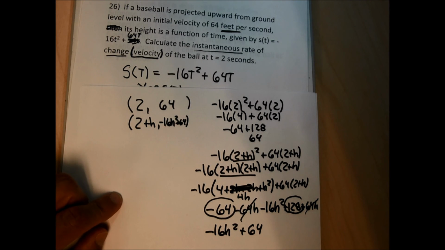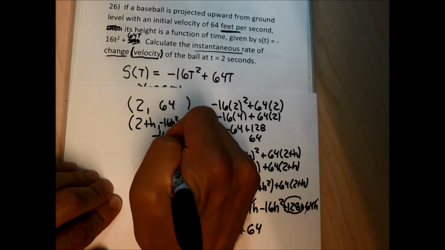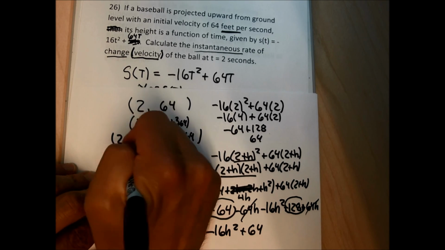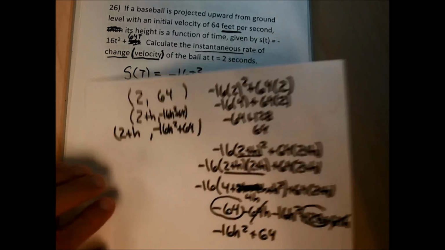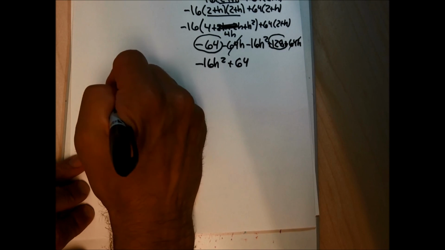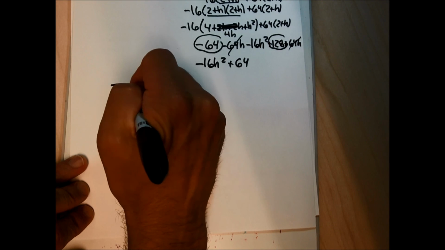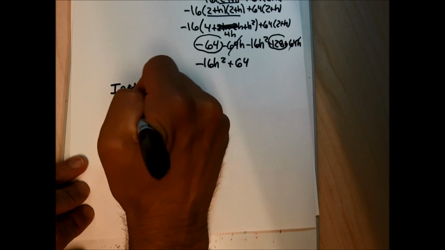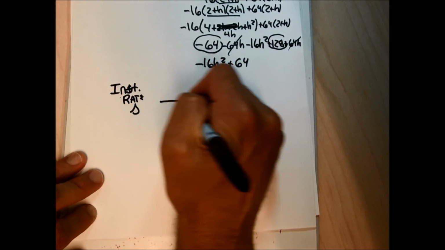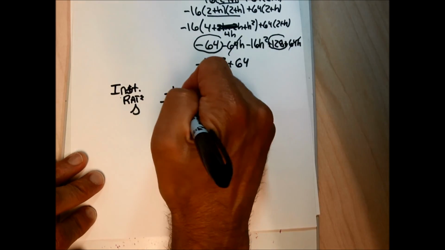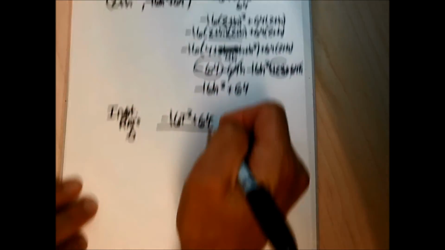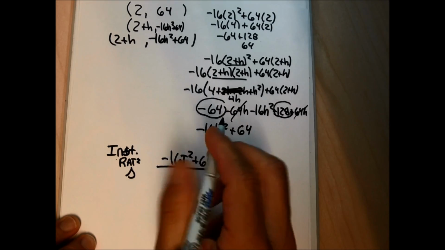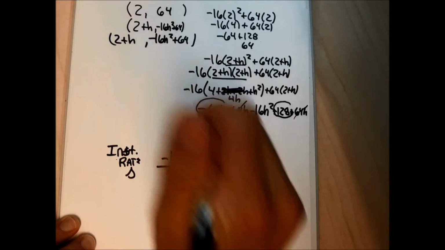So now I want to find the instantaneous rate of change. If I wrote that too ugly, it's negative 16h squared plus 64 for the y and 2 plus h for the x. So the instantaneous rate of change, in this case it's velocity in feet per second, it's going to be y2, which is negative 16h squared plus 64, minus y1, which is minus 64, over x2, which is 2 plus h, minus x1, which is 2.